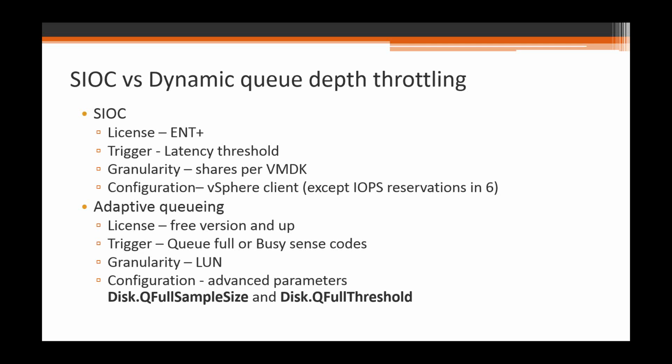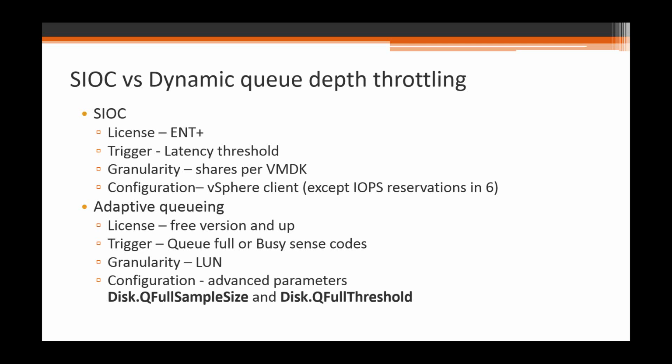If you set the disk queue full sample size, for example, to 2, when the ESXi server gets a sense code from the storage device of queue-full or busy that number of times, it will cut the LUN queue depth of that device by half.